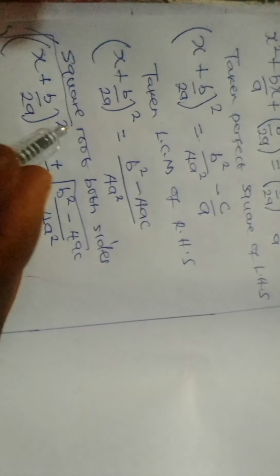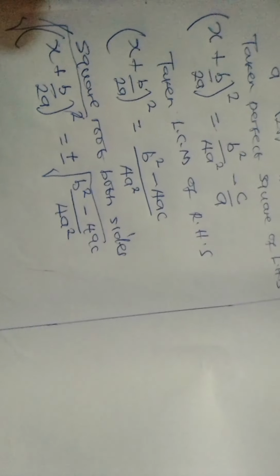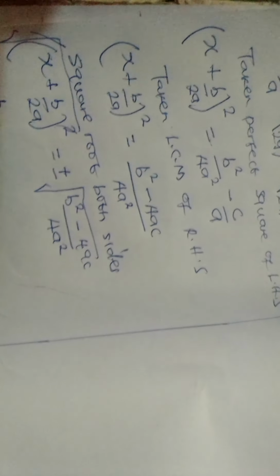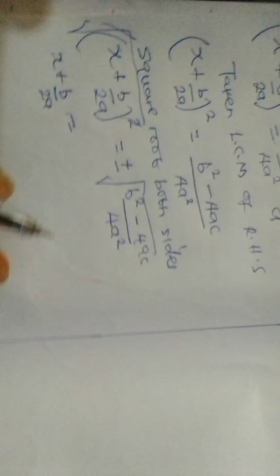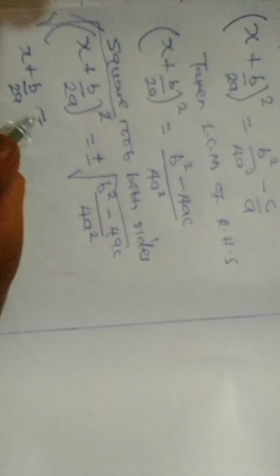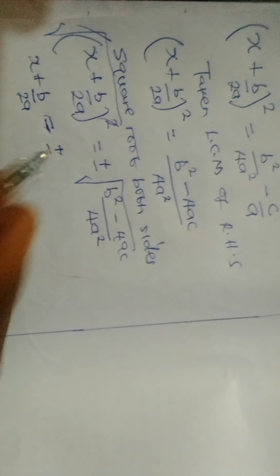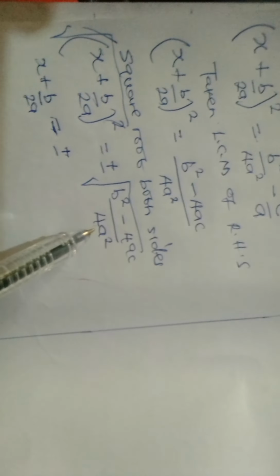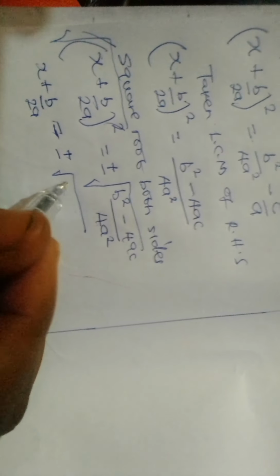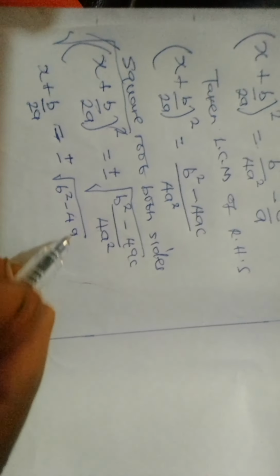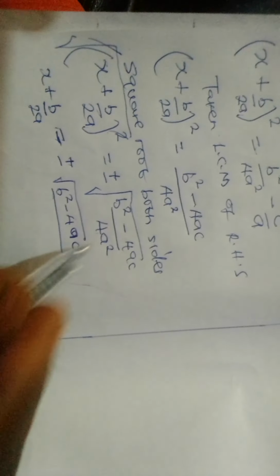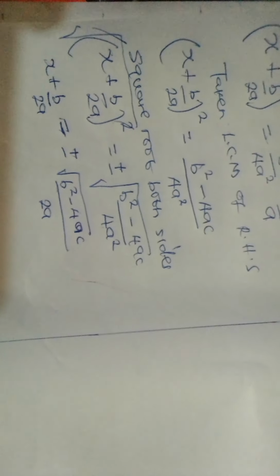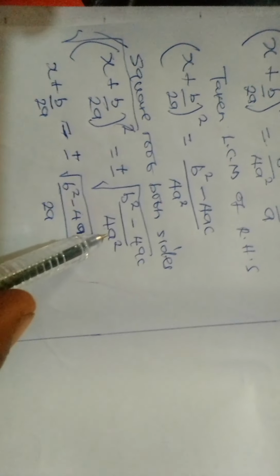Okay, this cancels this and this cancels this, so we have x plus b over 2a equal to plus or minus. Now the square root of this still remains there, but the square root of the denominator can go. So this still remains as b square minus 4ac over the square root of this, which will now give us just 2a, because the square root of 4 is 2, and the square root of a square is a.